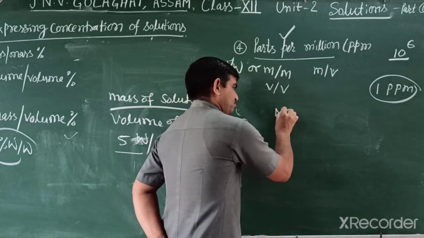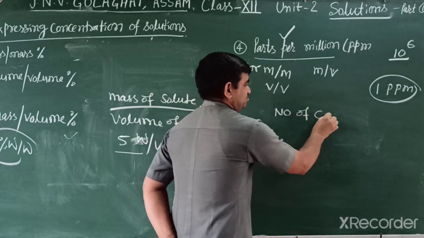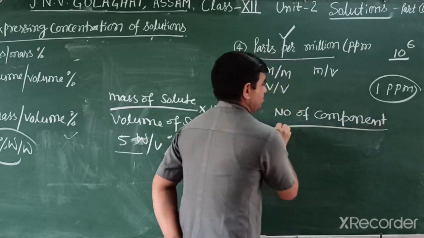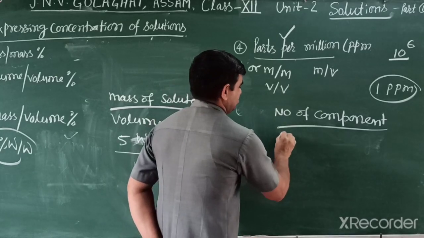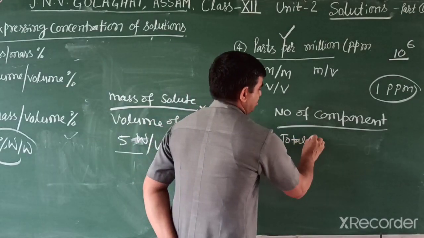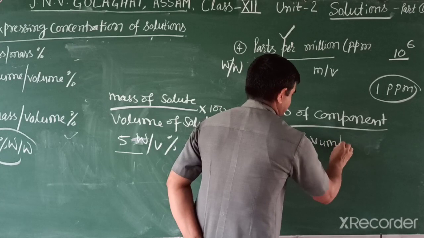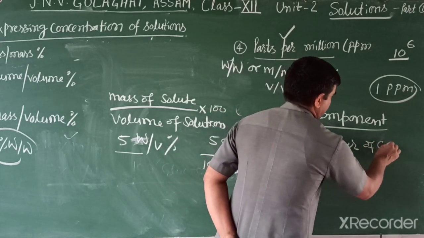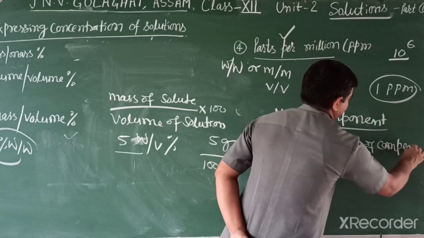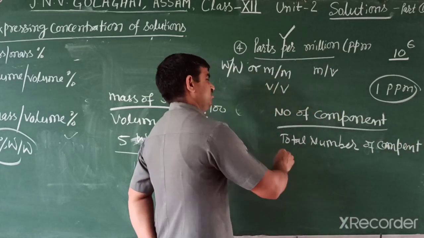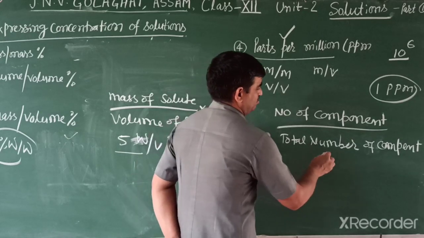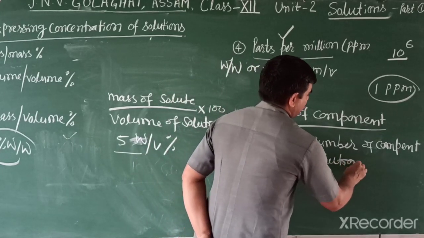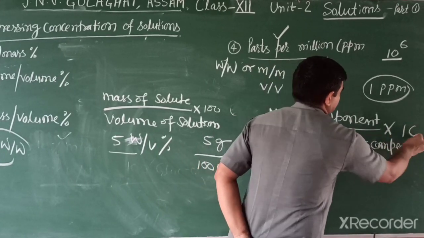So ppm is the number of parts of the component, the solute, divided by the total number of components of the solution, into 10 to the power 6.